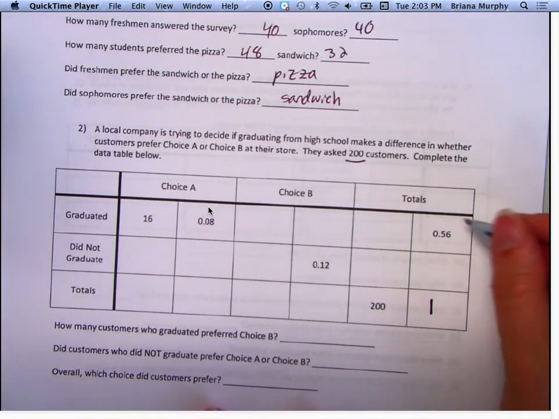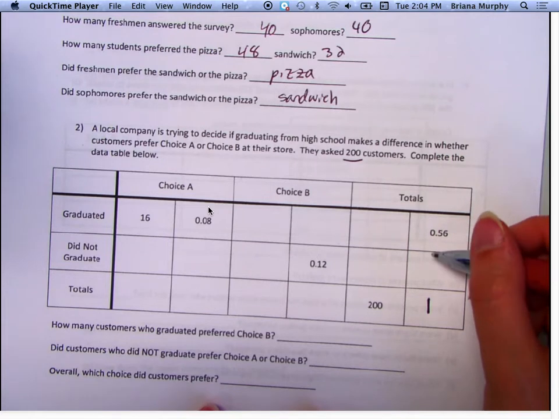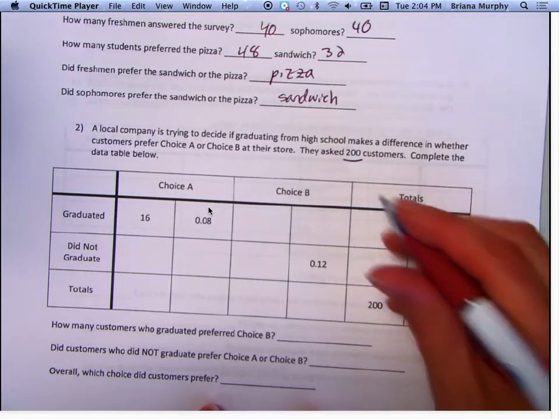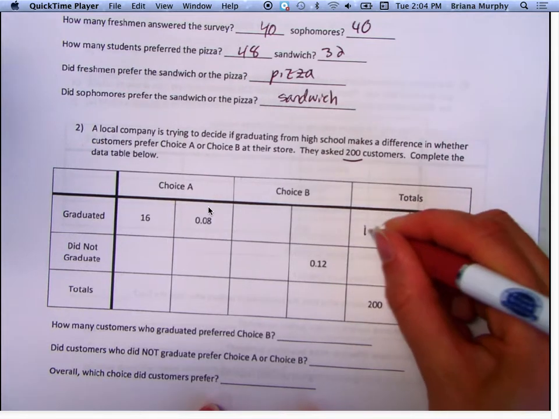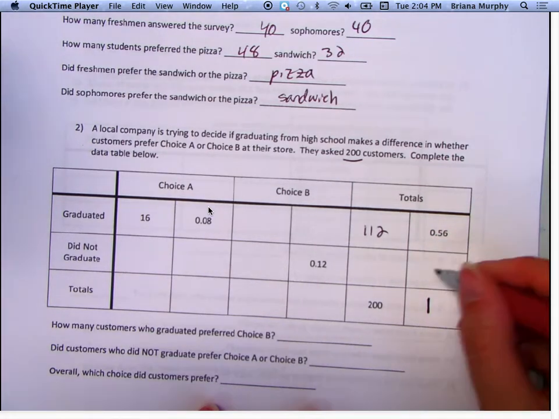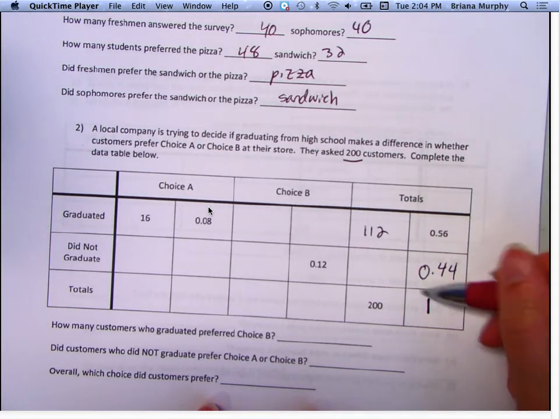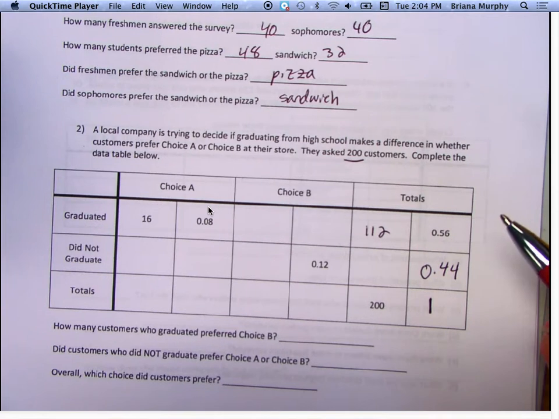Yeah. Okay. What is 56% of 200? 112. Oh, I'm talking about the decimal. 200 times 0.56. I'm talking about the decimal. So this decimal does have to be 0.44. Why? Because they have to add together to give me 1. So you times 200 by 0.56.